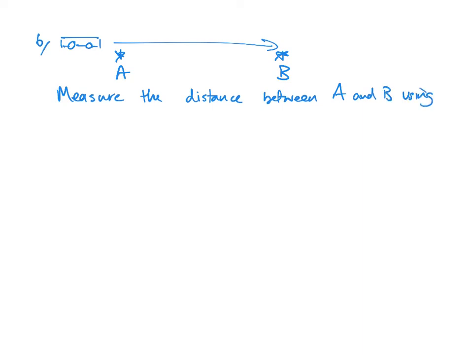Now we'll describe it as measuring average speed. If it was average velocity, then you would just, instead of saying measure the distance, you just say measure the displacement. And any time you're describing an experiment, when you're saying you're going to measure something, you've always got to make it clear what you're measuring with. So measure the distance between A and B using a meter stick.